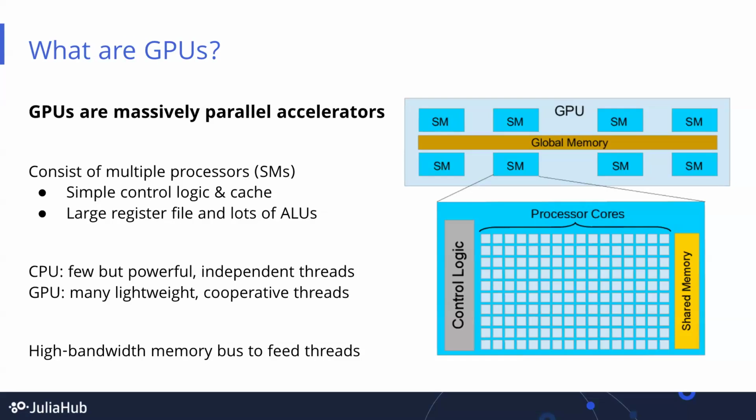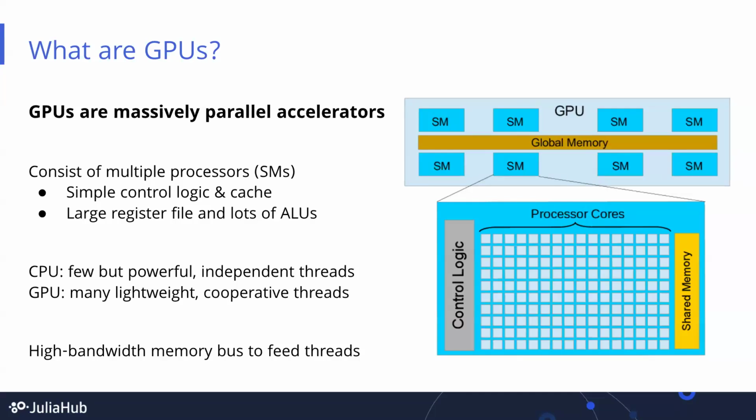Every streaming multiprocessor has its own memory as well. And crucially, you as a programmer, as a kernel writer, will have to manage how you use these memories much more manually than you're typically used to doing with a CPU. There's a bit of shared control logic, but the focus with these streaming multiprocessors is much more on a very large register file and lots of ALUs to perform computations.